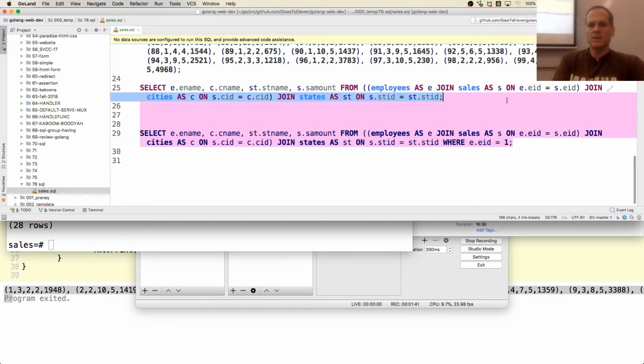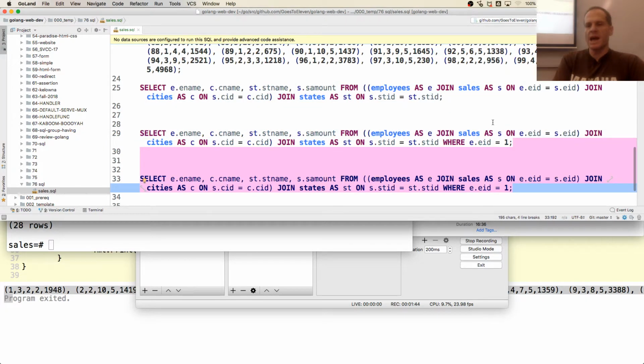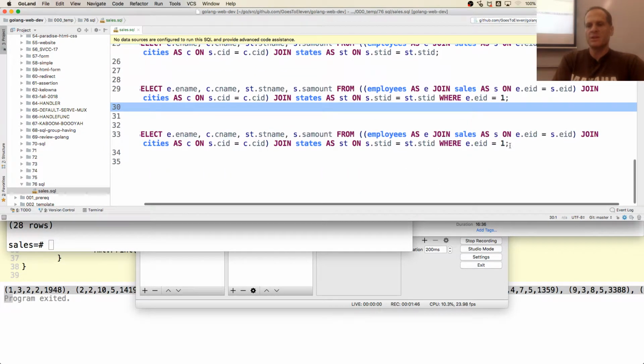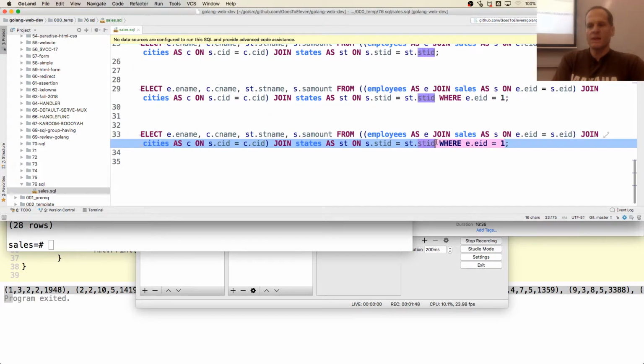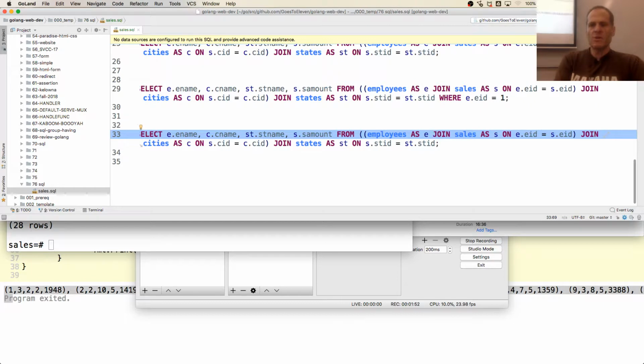this? So it's just that spirit of exploration, and I have 50-50 probability on this one of whether or not this is going to work. So from employees as E, where EID equal 1, join sales.